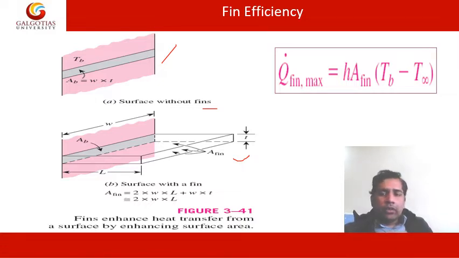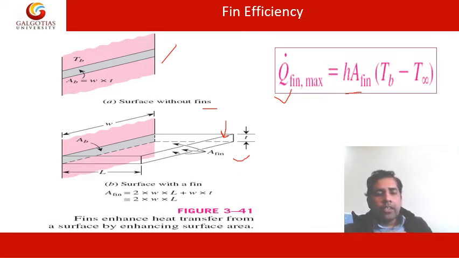This is the relationship that is given here. From this relationship it can be calculated what is the maximum possible heat transfer that can happen because of the application of fins. The heat transfer because of the application of this fin is given by Newton's law of cooling, which is h into A of the fin, the total area of the fin.